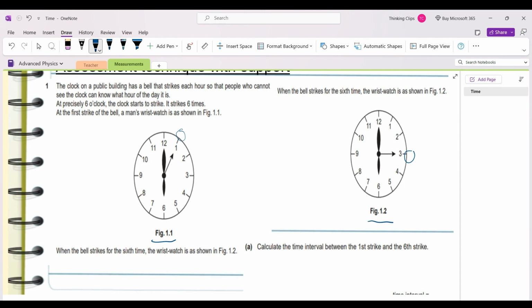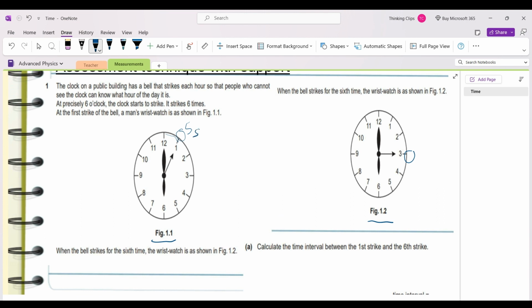Okay, so hopefully you worked out that on an analog clock, and you do need to still remember how analog clocks work, if the second hand is on the 1, these divisions here are 5 seconds each. So this will be 5 seconds.